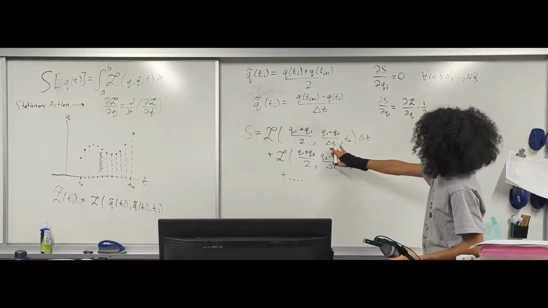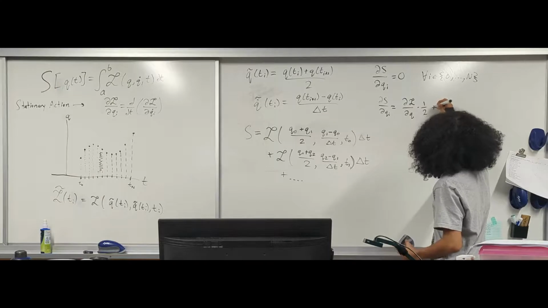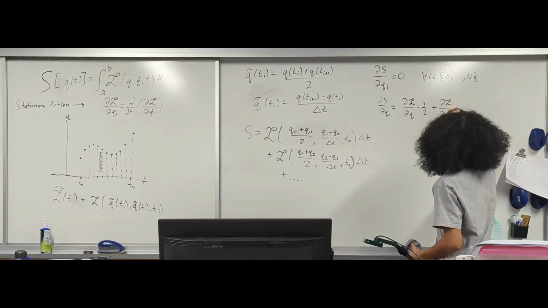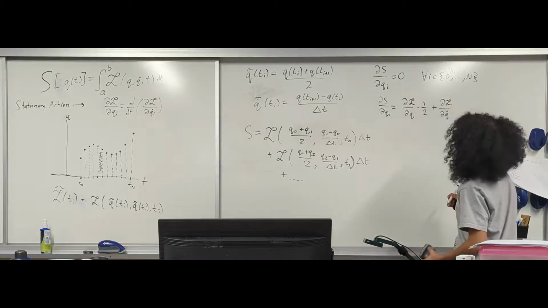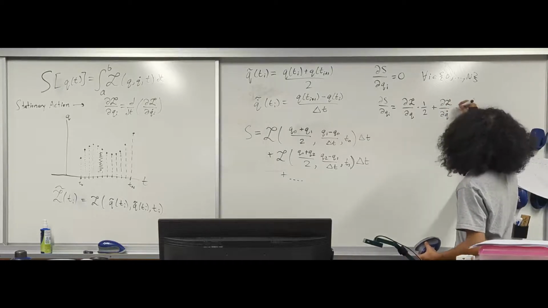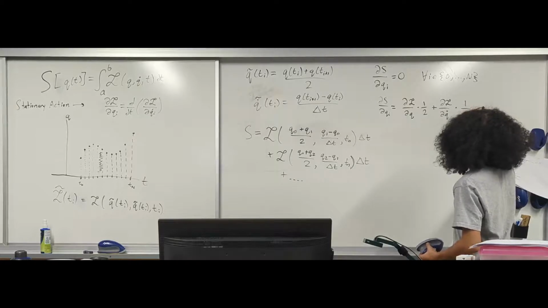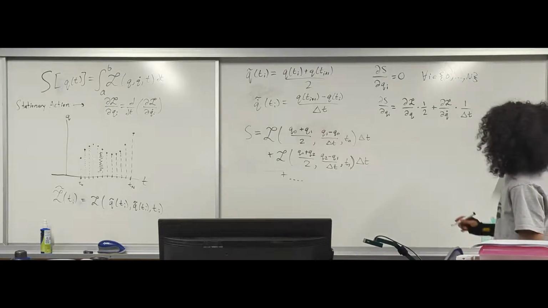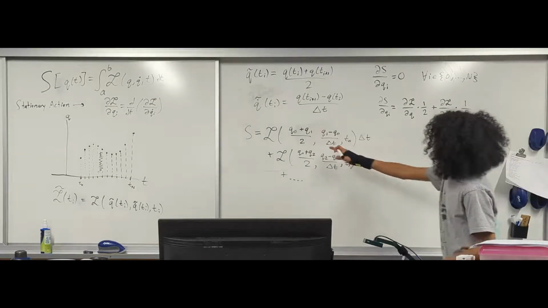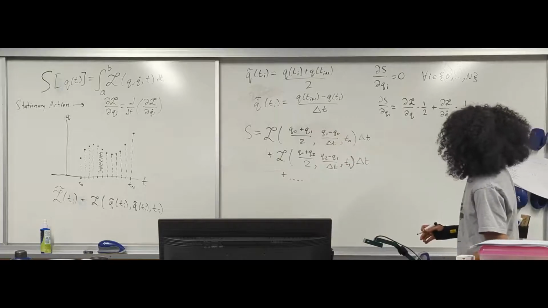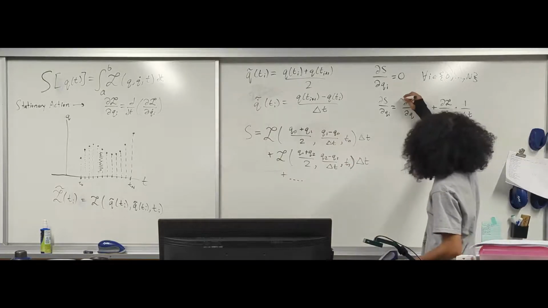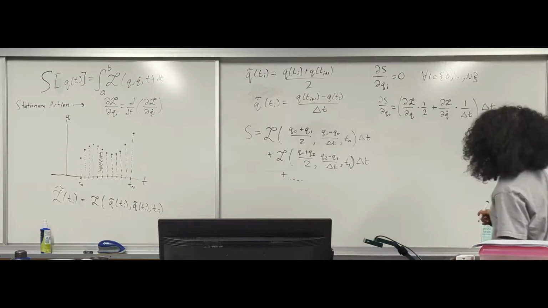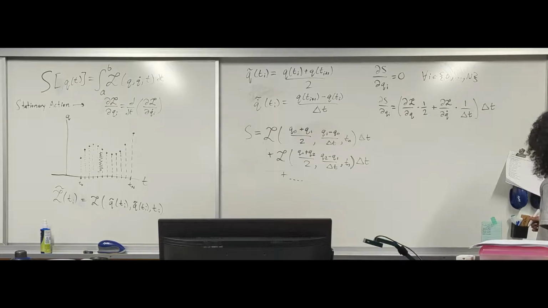And then it also affects the velocity, which would be dL by dq dot, and then times 1 over delta t. And then all of this is multiplied by delta t because we have these factors.